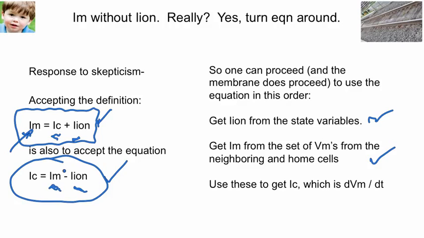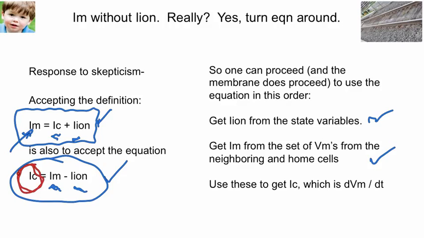And then the consequence is that you can actually find the value for the capacitive current, which it turns out is the hardest one to find, because there's no other way to get the capacitive current except through use of the equation on the left in one of its forms.